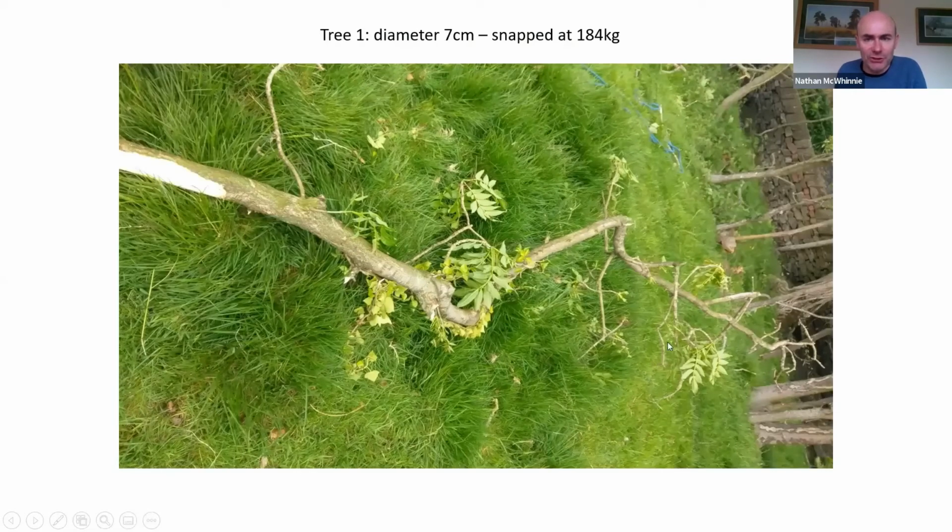We got a variety of results, but this is an interesting example of what we found. This branch, it says it snapped at 184 kilograms. For context, if an average climber up a tree just steps down onto a branch, he's basically putting about twice his own body weight onto that branch, which is roughly 184 kilograms.